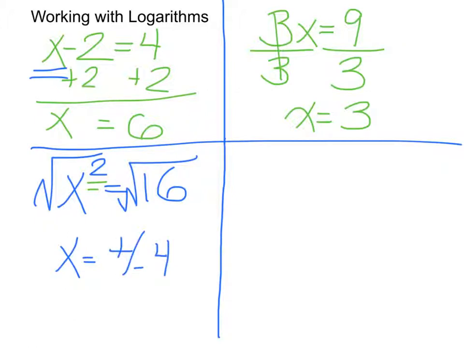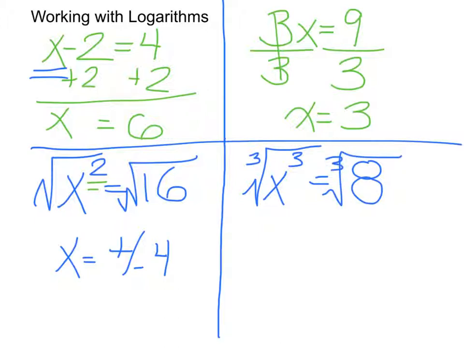And more recently, since you've learned about fractional exponents, and as well you've learned about taking cube roots and fourth roots and fifth roots, I could take something like x to the third equal to 8, and I could take the cube root of both sides, and I would get x equal to 2. So the point is this: in all of these situations, you clearly know how to get rid of the value x.